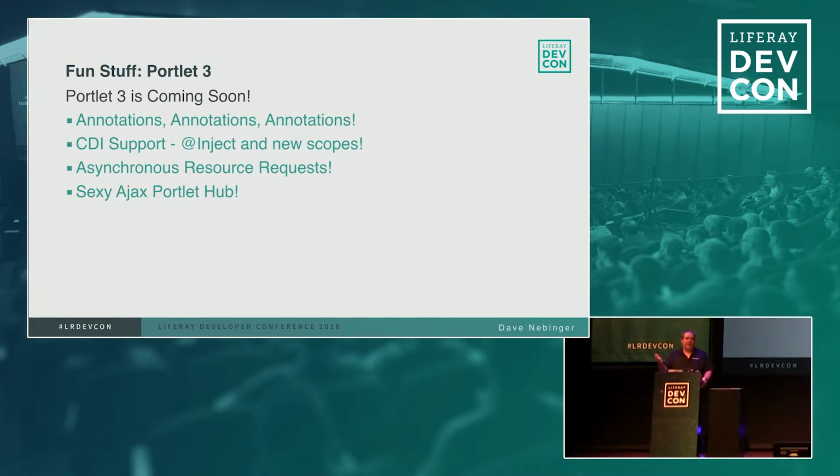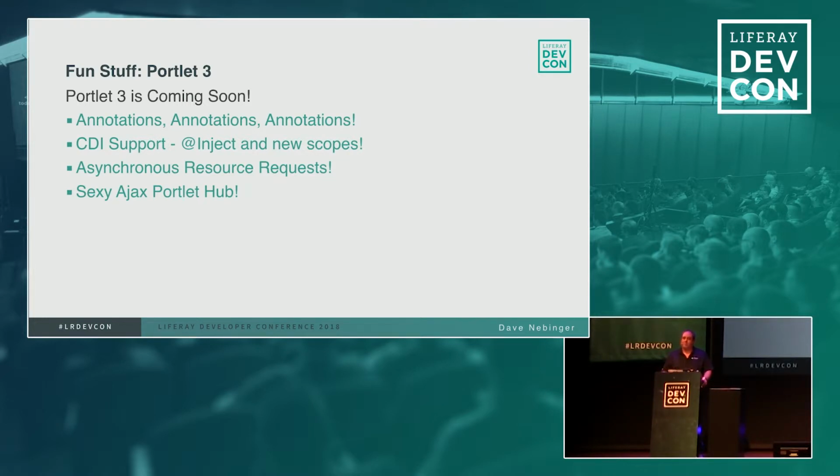CDI support. Ray had his talk yesterday about the CDI support that's coming. That too is going to be in there, and along with that are some new scopes. Asynchronous resource requests.